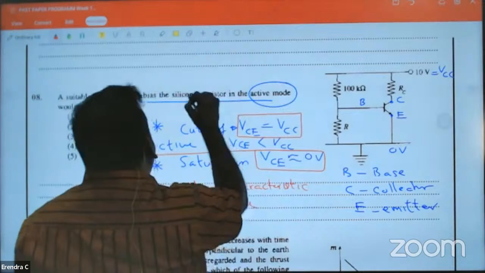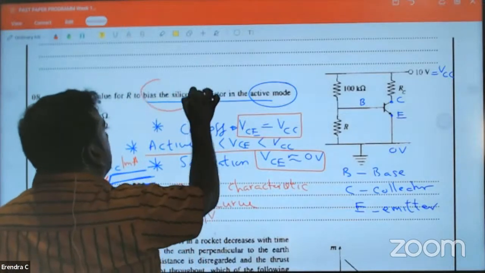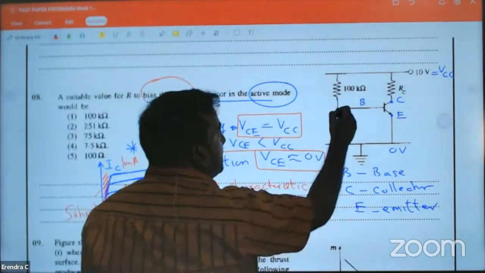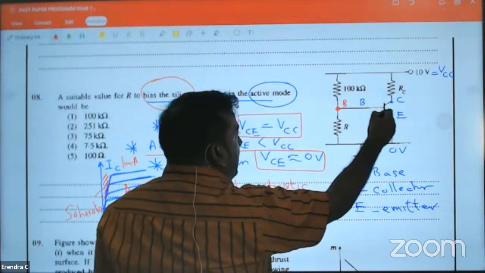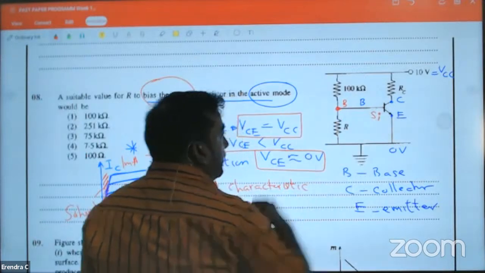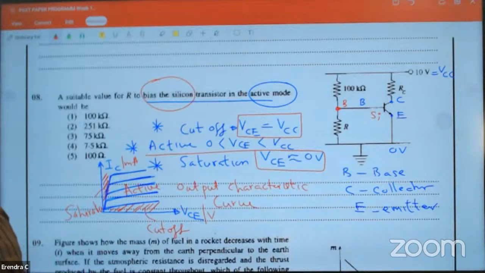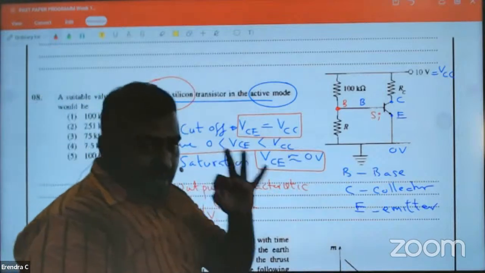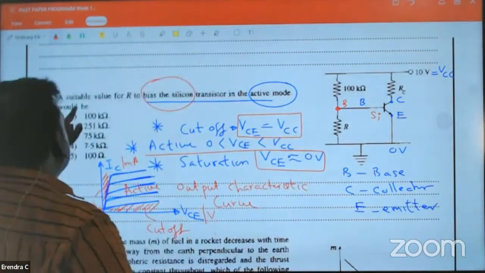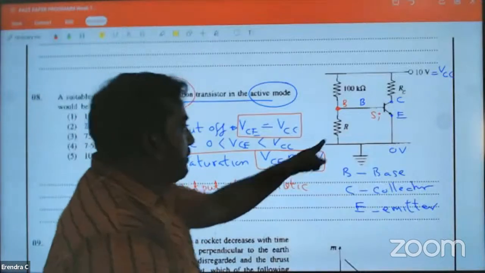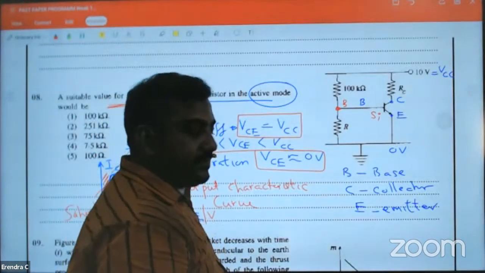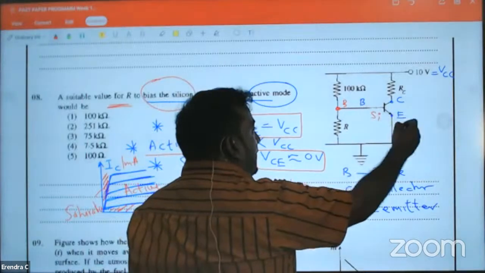And remember, when you are biasing a transistor, base emitter here is a silicon one. Be careful. They are asking what will R be. RB is this one.